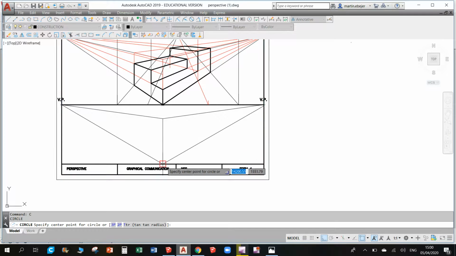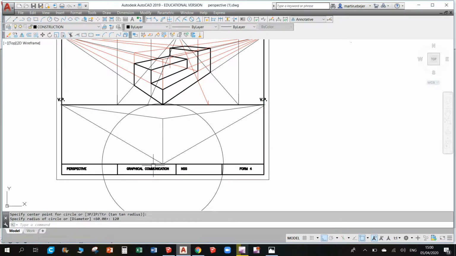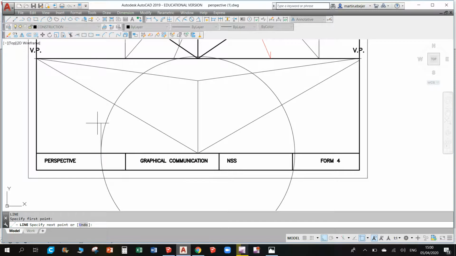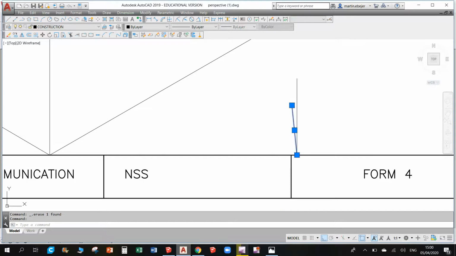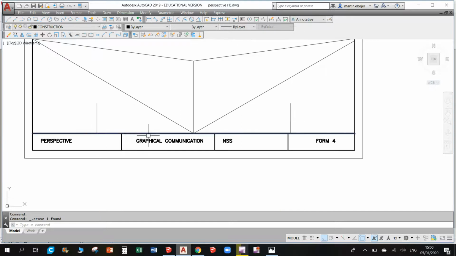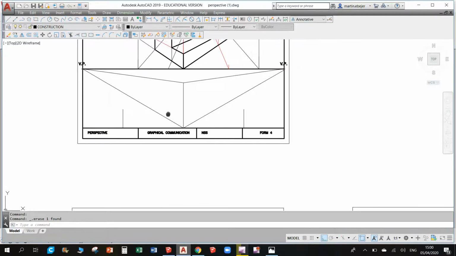So the drawing we said is 120 by 120. If we measure with the ruler 120, here is my 120, and here is my 120. That is gonna be the ruler to do the perspective.